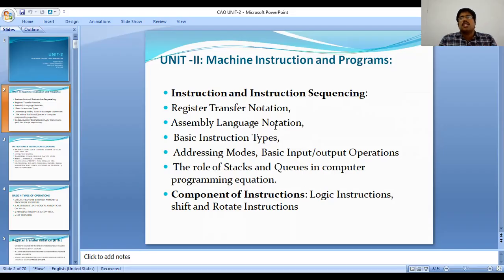CAO is completely a theory subject. You can expect only 10 to 15% problem-based questions in the final exam. The rest, 80 to 85%, or more than 80%, it may reach up to 90 or even 95%, is only theoretical.